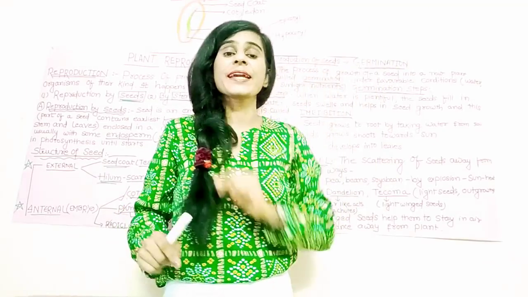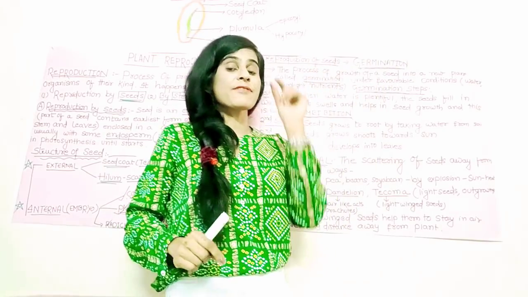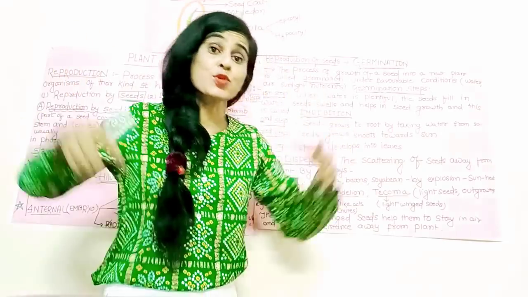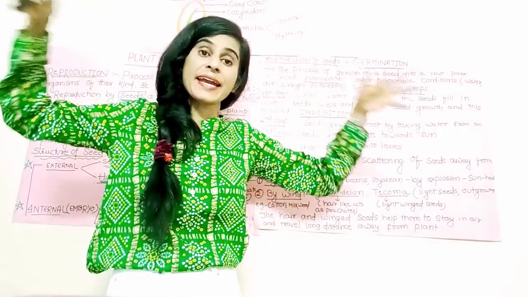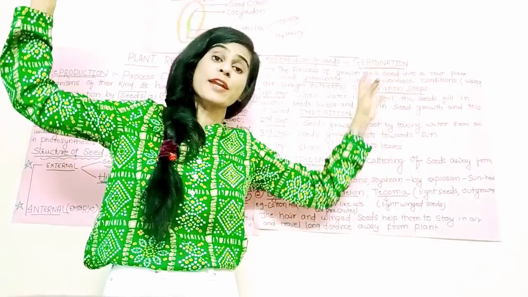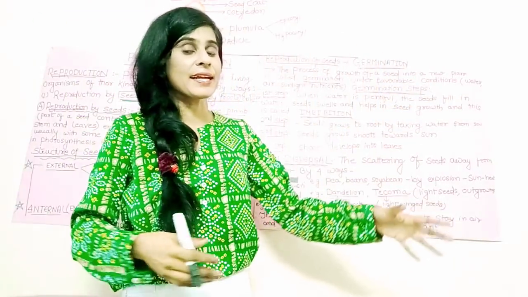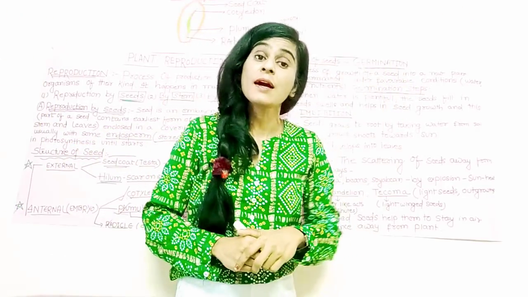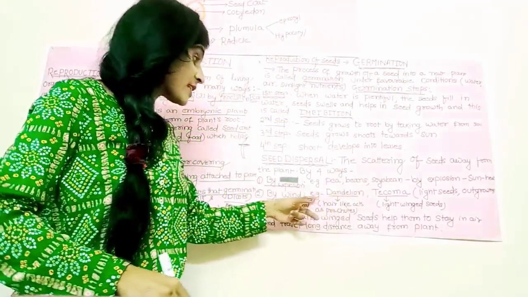In the same way, the dandelion seeds have the outgrowths, which act as a parachute so that they can move in the air. They can remain in the air for a long time, and finally they are scattered a long distance away from the parent. That is in the case of dandelion.